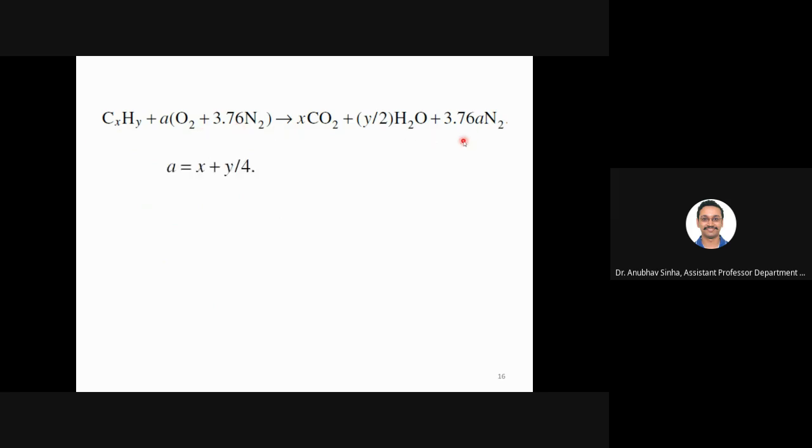By simple algebra, a will be equal to x plus y by 4 moles of oxygen. If you balance the oxygen moles on the LHS and RHS, you see a moles on one side and x moles plus y by 4 moles on the other. So we get a equal to x plus y by 4.